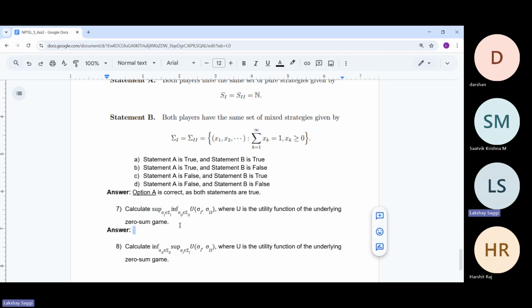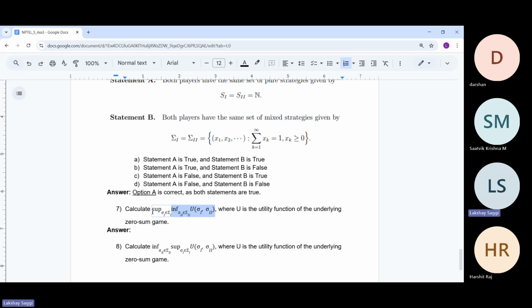Note that what this says is that player one first chooses a mixed strategy, and given player one's mixed strategy, player two will find a strategy such that this utility function gets minimized. And this utility function is always with respect to player one. So player one chooses a strategy, and then player two chooses a strategy to minimize this utility function, right?